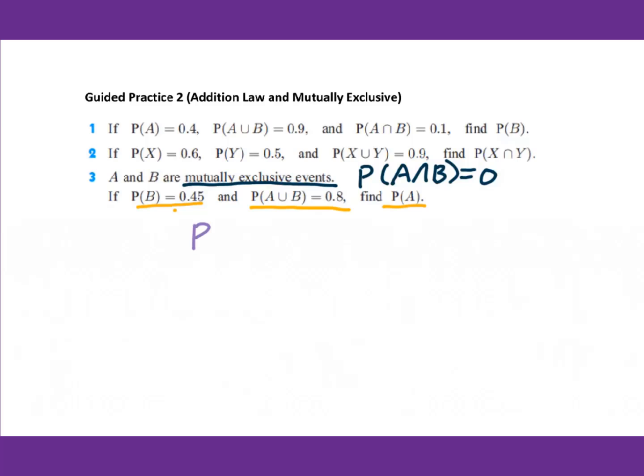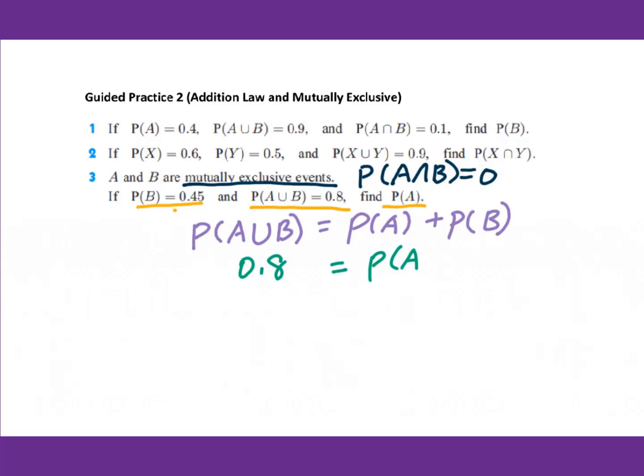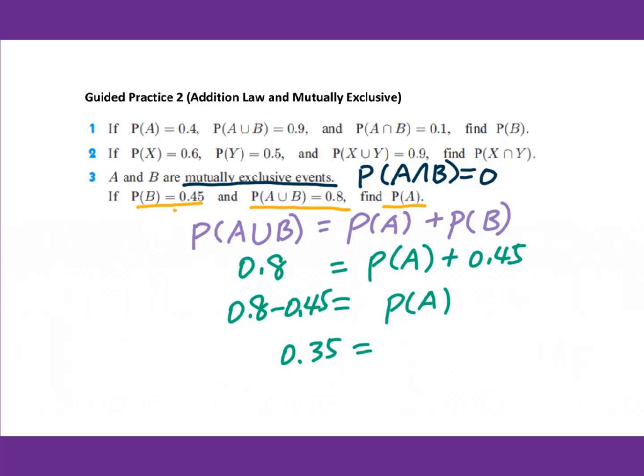Therefore, the probability of A or B equals the probability of A plus the probability of B. Now we plug in. This will be 0.8 equals the probability of A plus 0.45. So we have the probability of A equals 0.8 minus 0.45. That is 0.35.